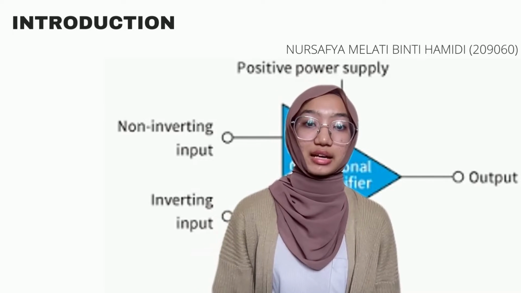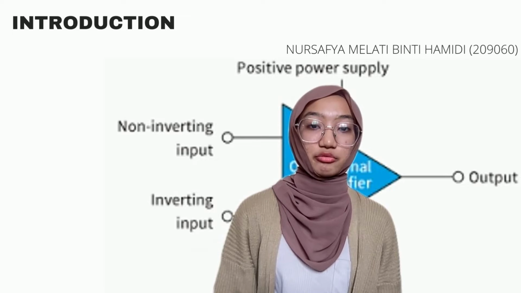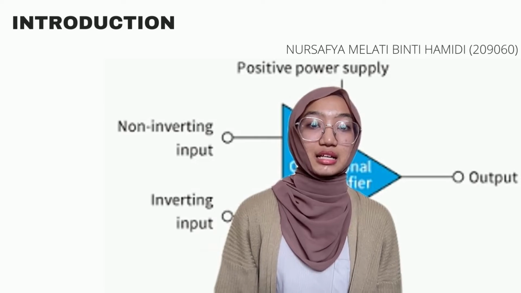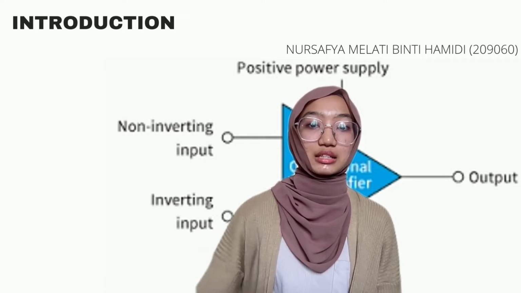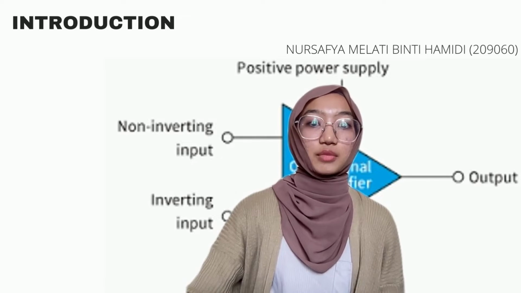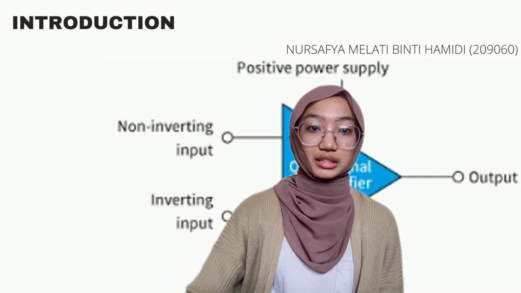An operational amplifier, or op amp for short, is fundamentally a voltage amplifying device designed to be used with external feedback components such as resistors and capacitors between its output and input terminals.